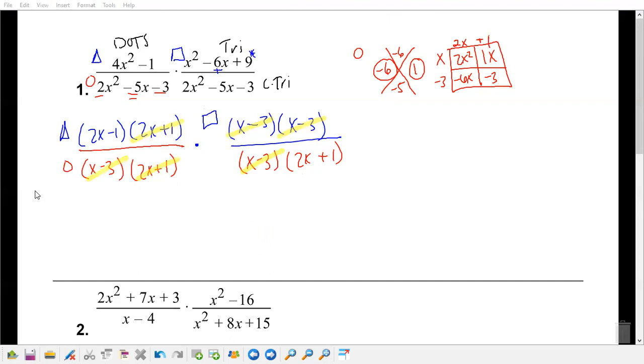It's one big. All right. Once it's all said and done, what's left in my numerator? So all I have left is 2x minus 1 in the numerator. And what is left in my denominator? 2x plus 1.